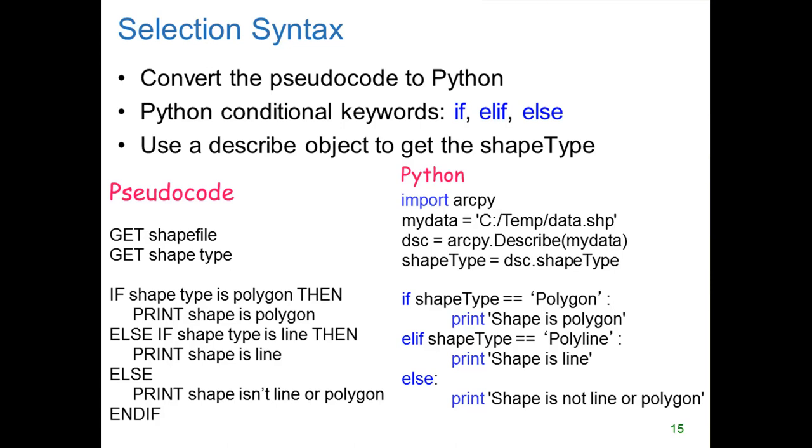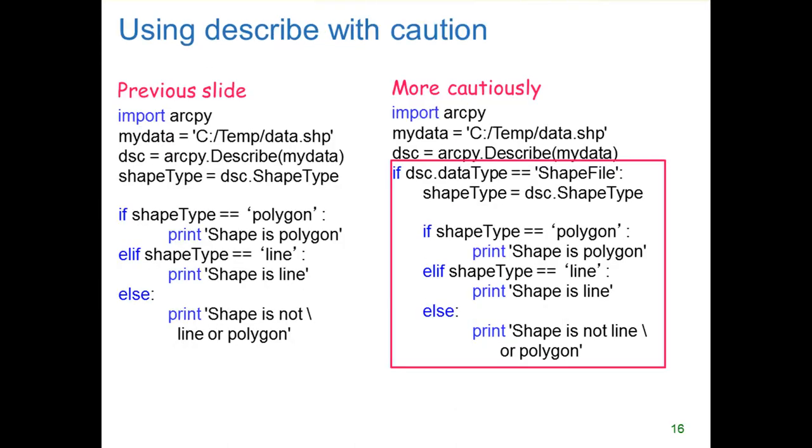So then we should check first before trying to use it. We don't know ahead of time, right? So we need to use a conditional statement. So if the data type is shapefile, then we can go ahead and do all of this stuff. Otherwise, better not to do it.